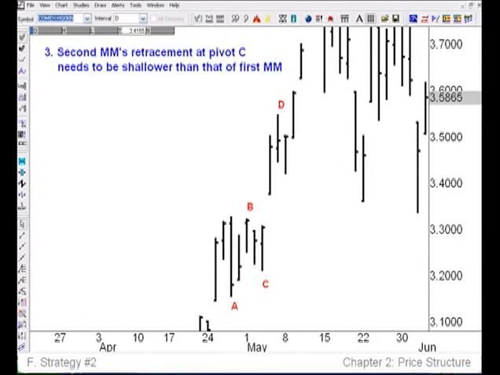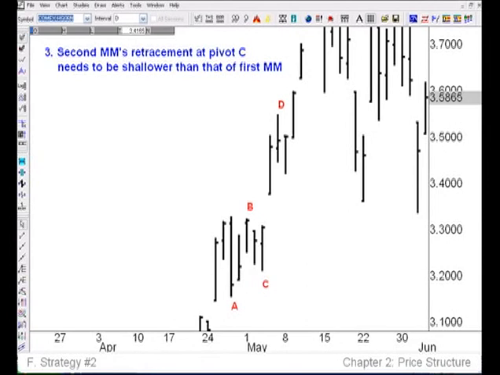The third rule says the second measure move's retracement at pivot C needs to be shallower than that of the first measured move. Now, what we're saying is we want to see price action getting stronger. And coupled with the fact that the CD move is already stretched out with gaps and all, once you combine that with a shallower retracement, then we're in good shape.